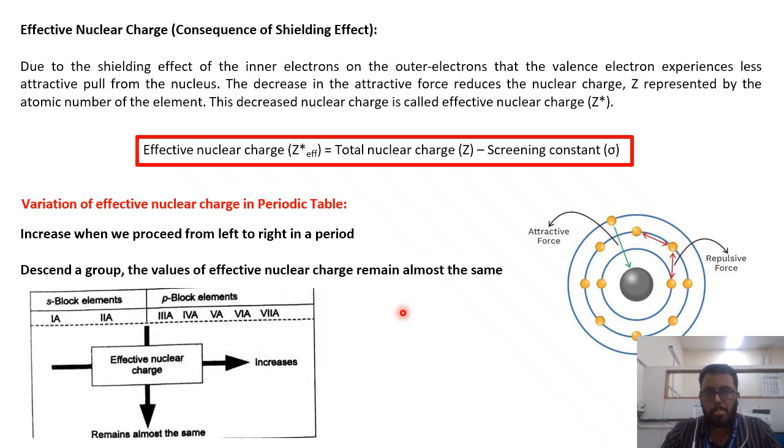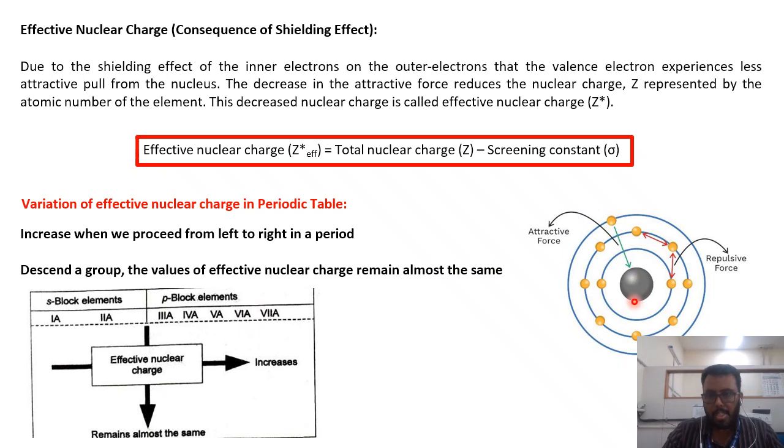First, let's discuss the effective nuclear charge and what is the consequence of the shielding effect. Before discussing the effective nuclear charge, we need to understand what the shielding effect is and how it occurs in an atom. Let's take this example. See the picture on your right.